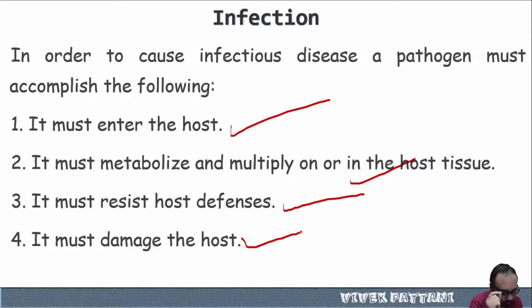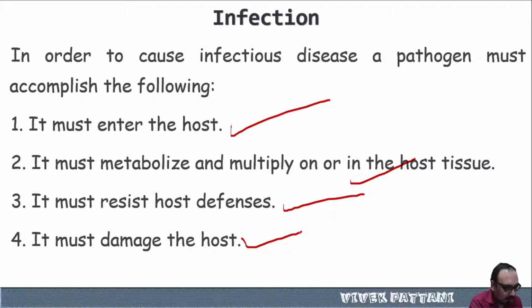They are going to metabolize various nutrients from the host body, and also grow in the host cells or tissues. The same is true in the scenario of salmonella, and also in the case of a fungus which infects our human skin.